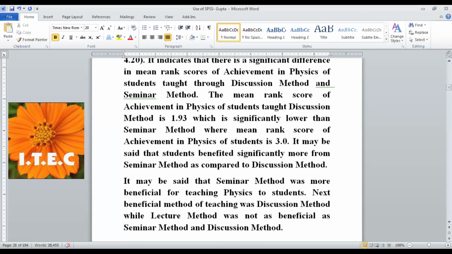So that means the carryover effect may not be there. But when the values are significant, then there might be a carryover effect, and you can say one of the reasons for the finding might be that there is a carryover effect from lecture to the seminar, and other points also you can write.